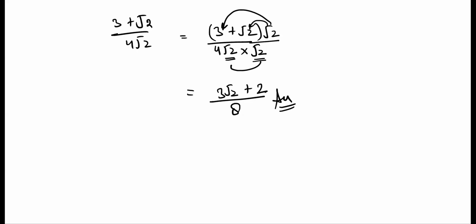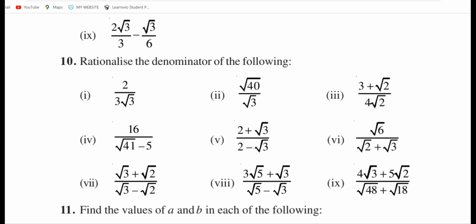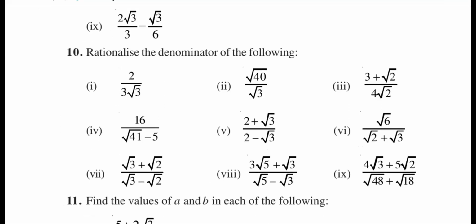Very good. Next. Do this 10th part, okay? Sorry, not 10th part. Do this 6th part. Okay, 6th part.